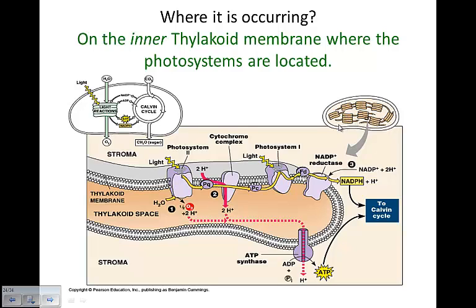Instead of having just one big thylakoid, the more you have, the more surface area. The more surface area, the more photosystems. The more photosystems and surface area, the more energy that can be converted. Ultimately, the more ATP and NADPH that's going to be made. And long term, we're going to make glucose coming out of the Calvin cycle.